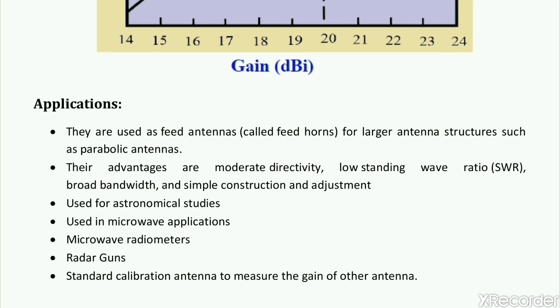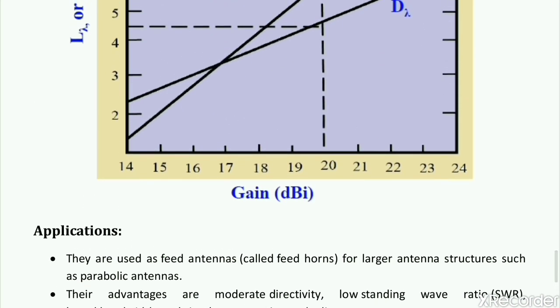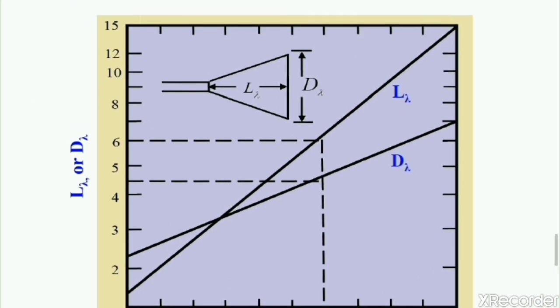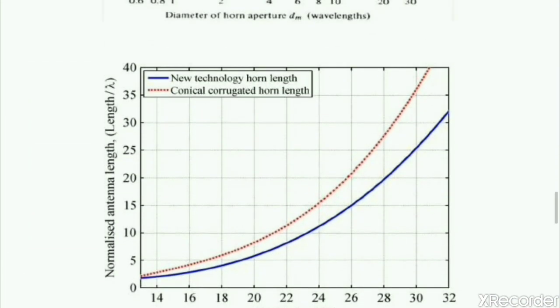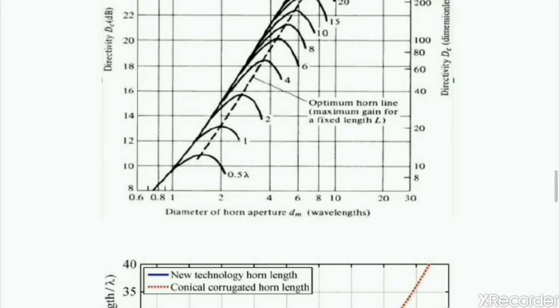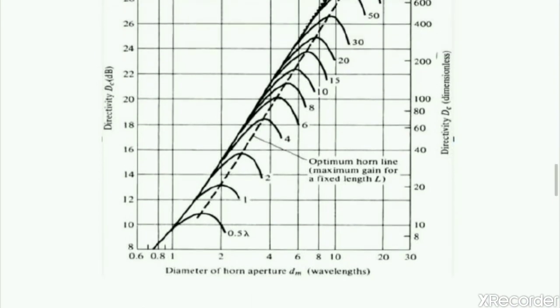The very important part of the conical horn antenna is its relations, which are shown by these three graphs, which show the directivity, gain, and aperture length relations.